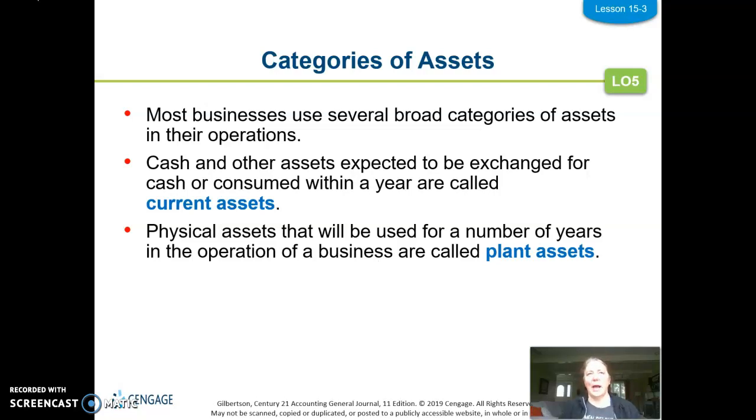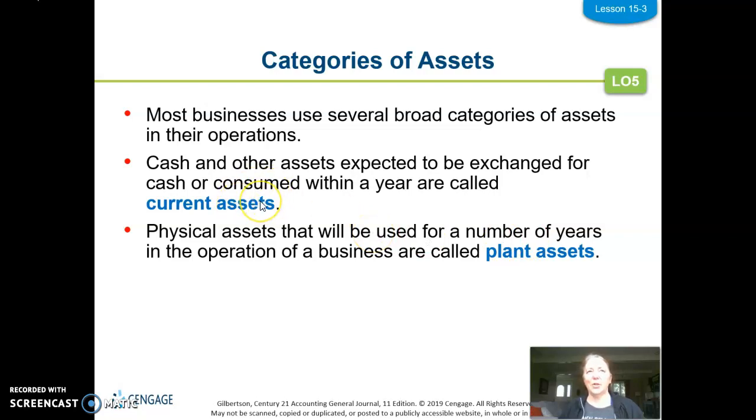Businesses have multiple classes of assets. They have current assets and they have long-term assets, which are also called plant assets. Current means that they will be exchanged for cash or consumed within a year. Long-term means greater than a year, so multiple years of use for those assets.